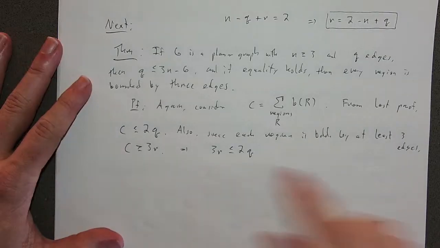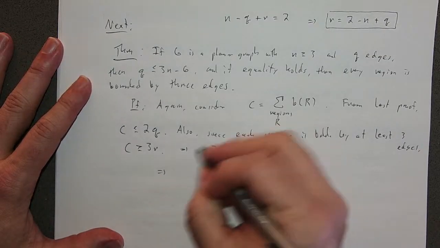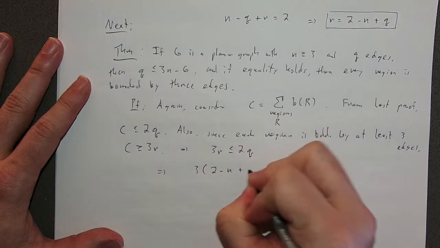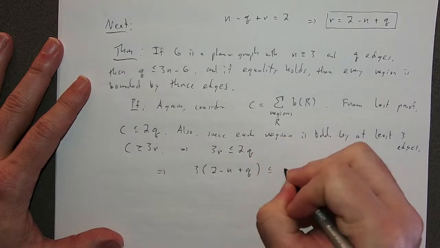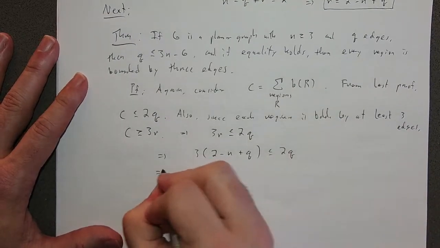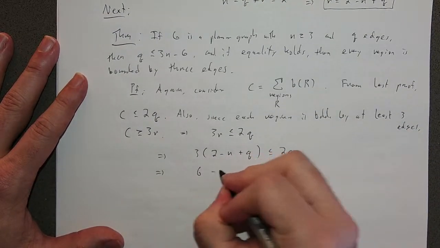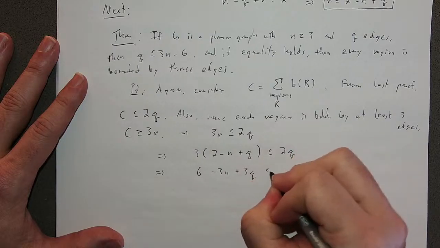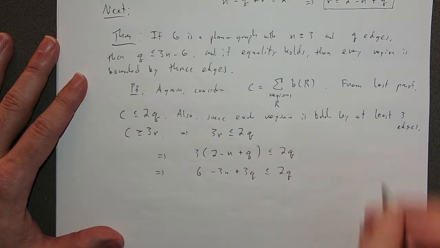So in this inequality, this is the same thing as 3 times (2 minus n plus q) being less than or equal to 2q, which is 6 minus 3n plus 3q is less than or equal to 2q.